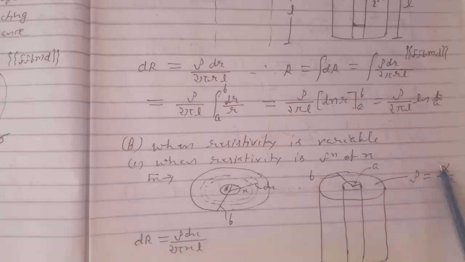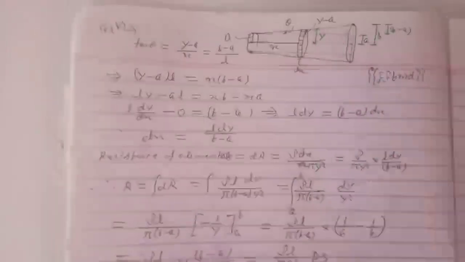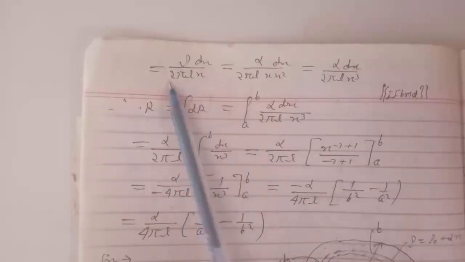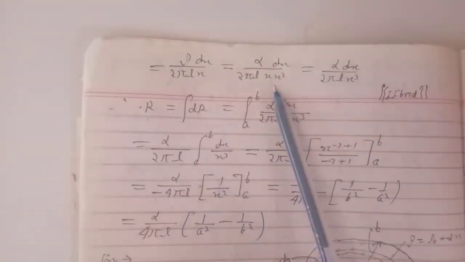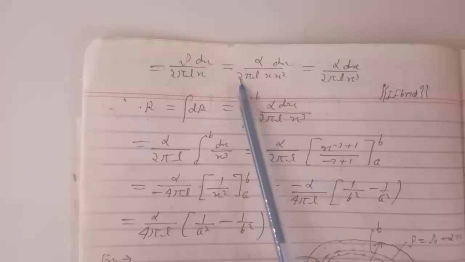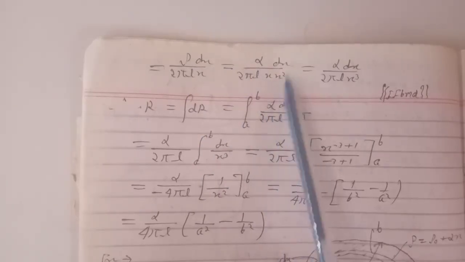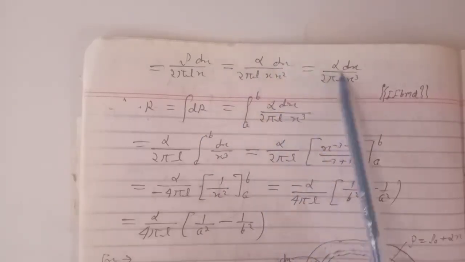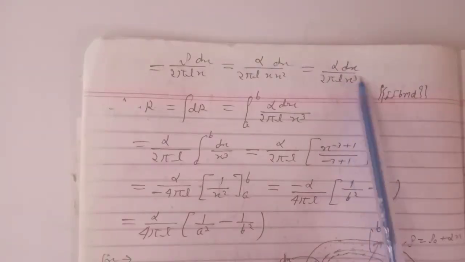Now given rho is alpha by x square, so we put the value of rho as alpha by x square, and then integrate from a to b. So rho dx by 2 pi x l, now putting the value of rho, alpha by x square into dx by 2 pi l x, so alpha dx by 2 pi l into x cube.